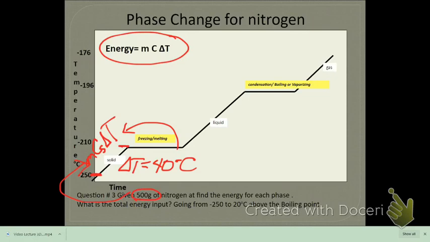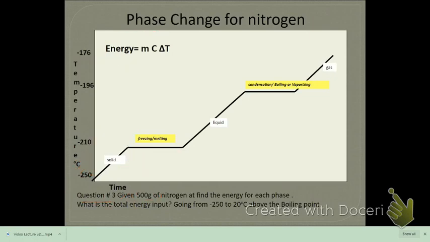So let's see what that looks like. There it is. All the parts are put in place. This is my mass, which was given to me. This is 0.39 calories per gram degree Celsius, which is from the chart. And remember, that's the specific heat of my solid. And then this is 40 degrees Celsius, which is my delta T, which is going to be equal to 7,800.